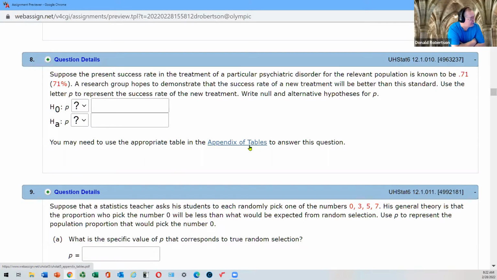So P is going to represent the success rate, right? If you look at this, then P equals 71%. That's what it is right now. And they think they can do better than that. And there's your null and alternate.